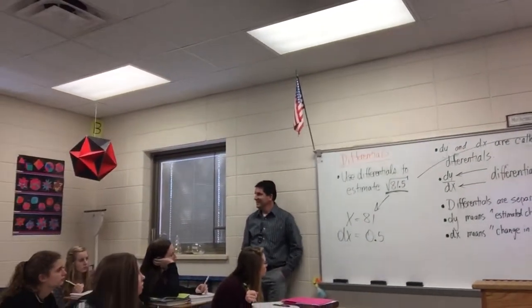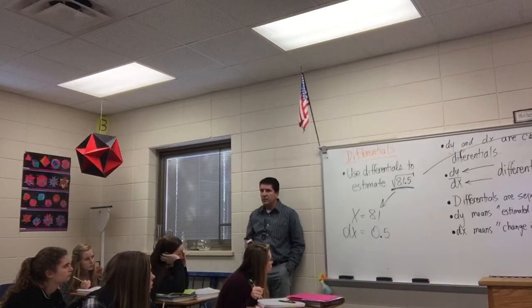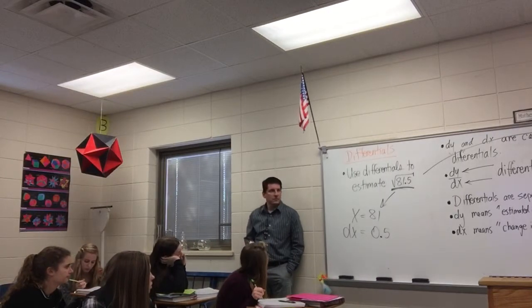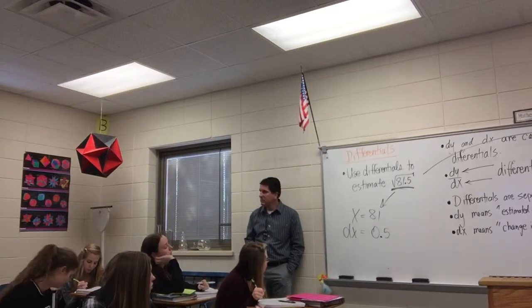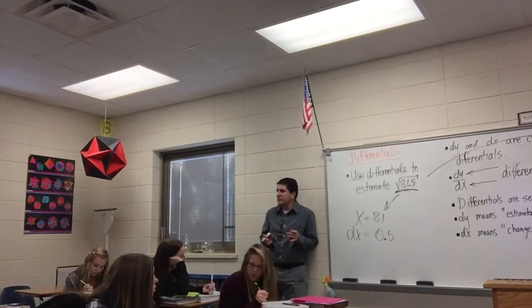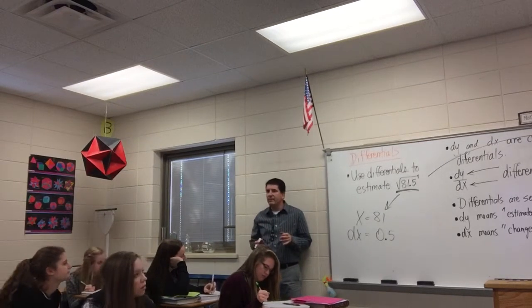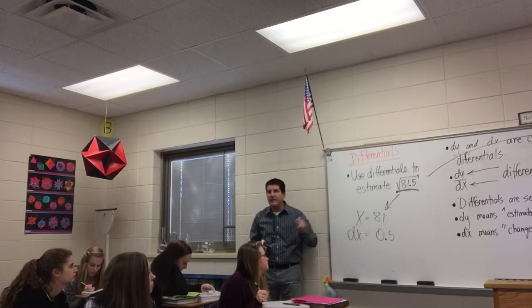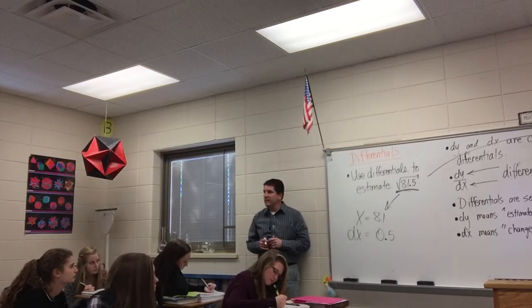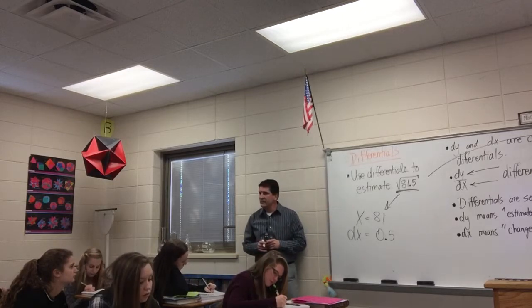Meaning, I know the square root of 81. And if I shift over just a little bit by 0.5, I can use that formula to estimate the change in the y.